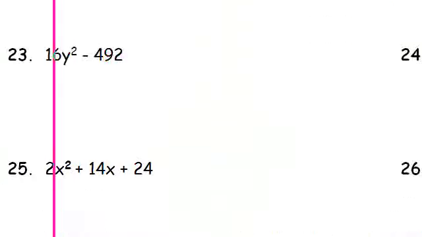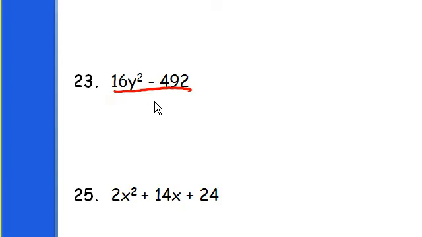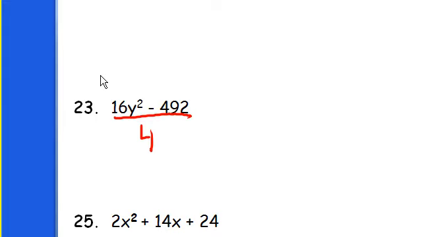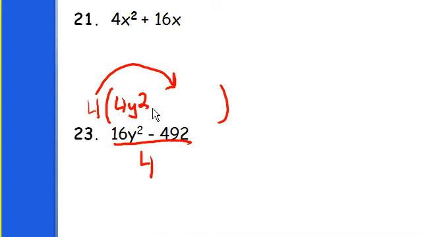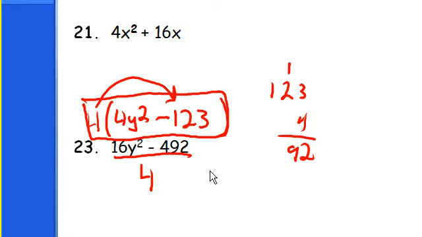The greatest common factor between 16y squared and 492 was 4. So 4 times 4y squared will be 16y squared, and then 4 times 123. This is the factorization of number 23.